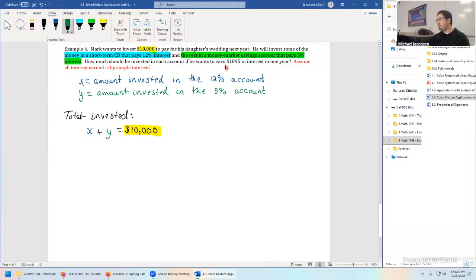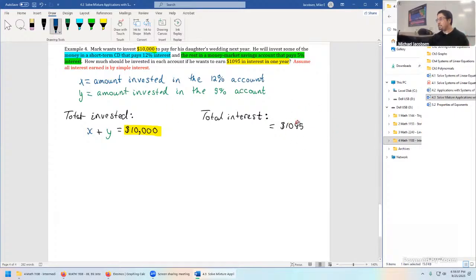But when it says he wants to earn $1,095 in interest, that's the total interest equation. So total interest equals 1,095. And we set it up exactly like we set up the last two problems, in fact.